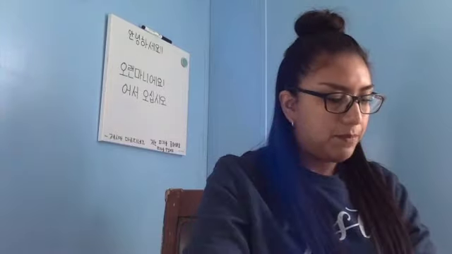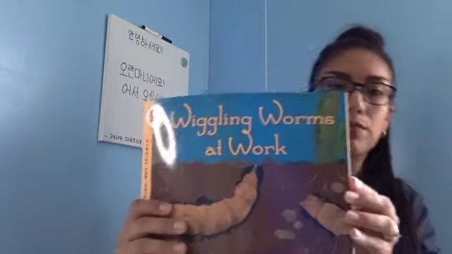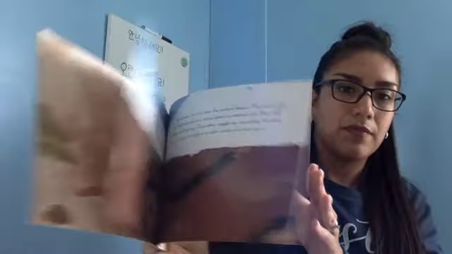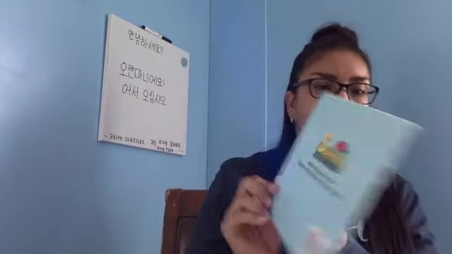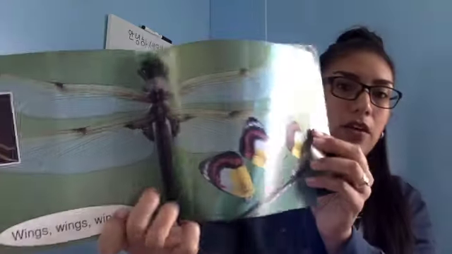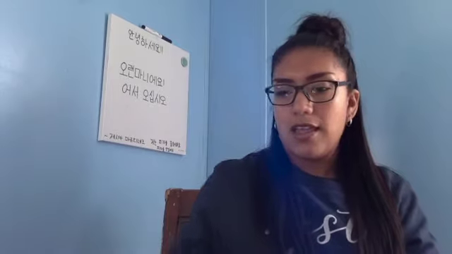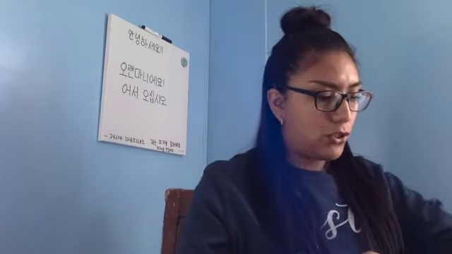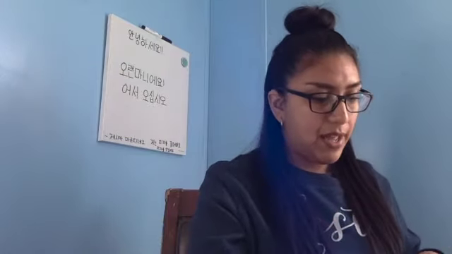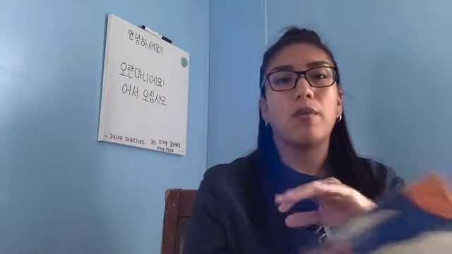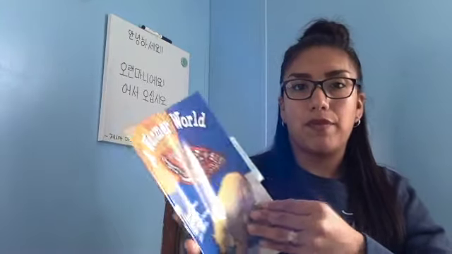For that, I have this one that I found. Another one about bugs. All of these are awesome books. This is another nonfiction one. And I tried to find books that were easy for both of my kiddos, because I have a 7-year-old and a 9-year-old. So I wanted to get books that were accessible for both of them.